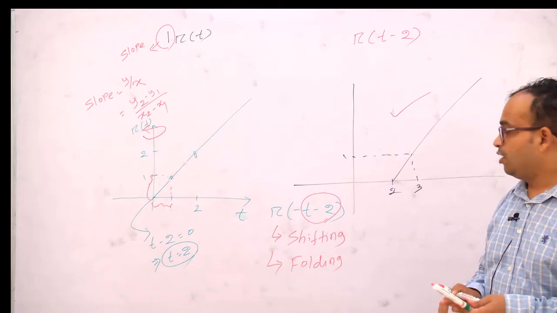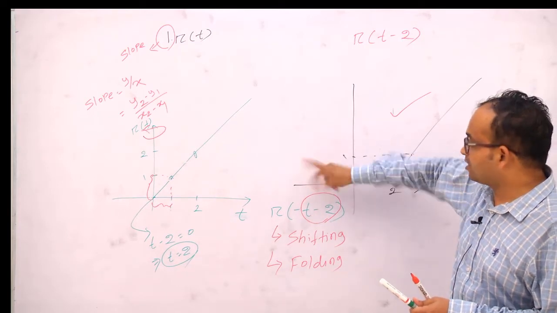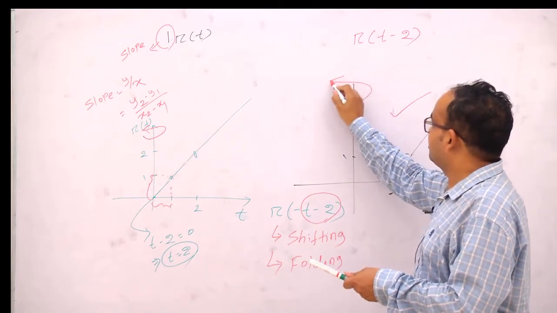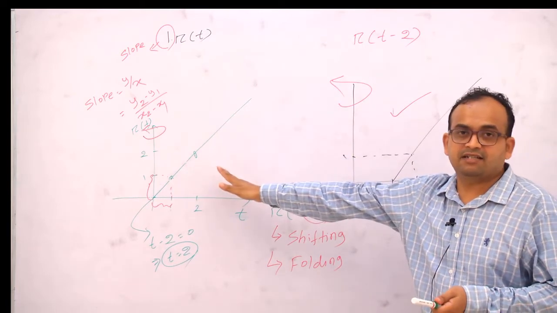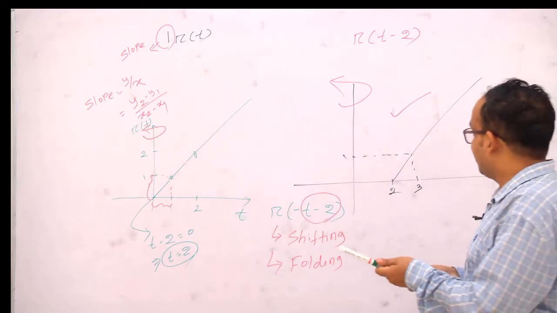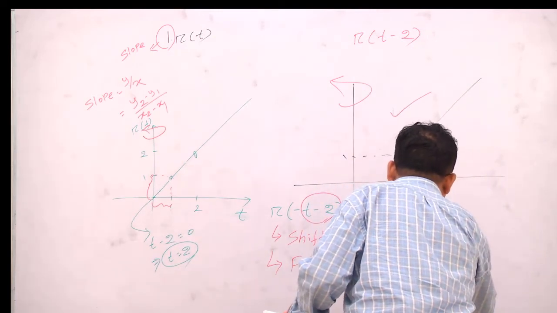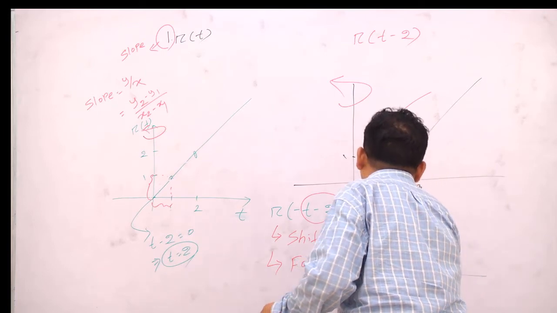Next, what will we do? We have to hold the signal about the y-axis. We have to rotate the signal about the y-axis. If I rotate the signal about the y-axis, it will go in that direction. So the final signal will be like this, starting from -2, going like this.